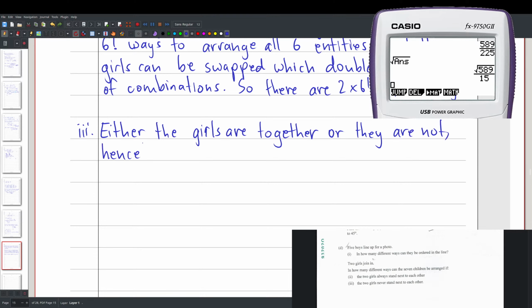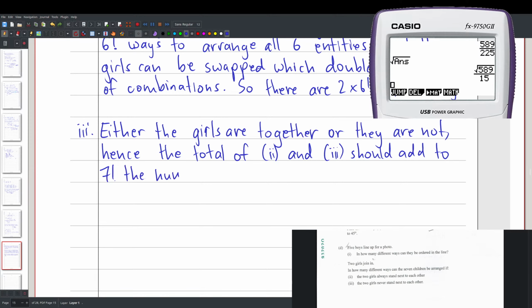Hence the total of 2 and 3 should add to the number of ways to arrange 7 people.